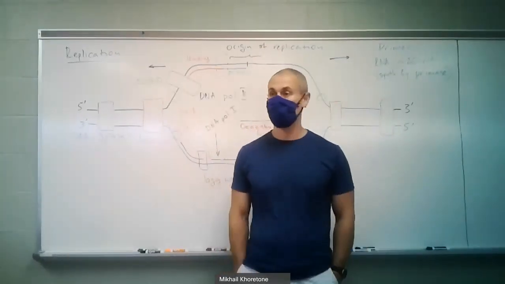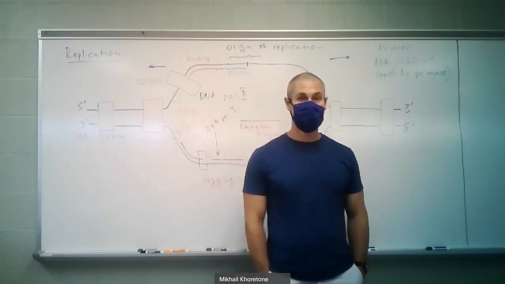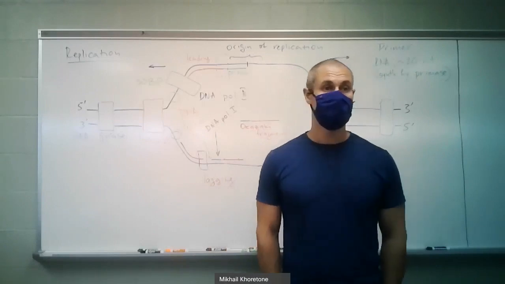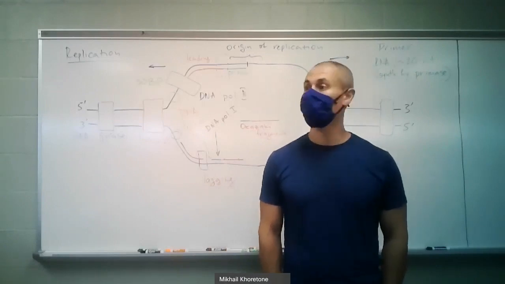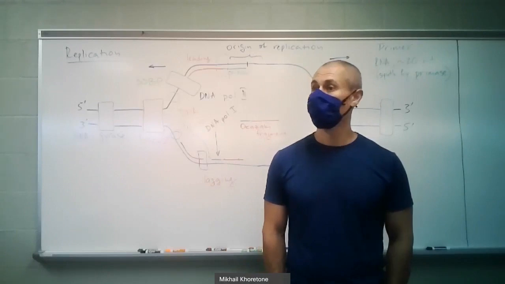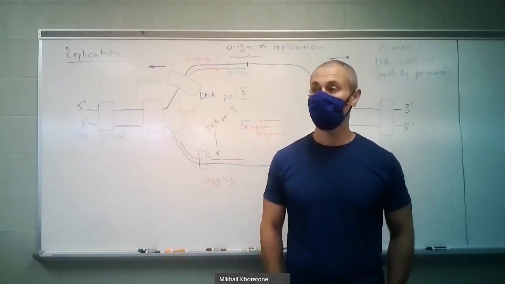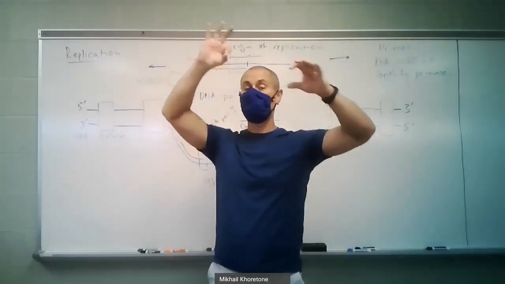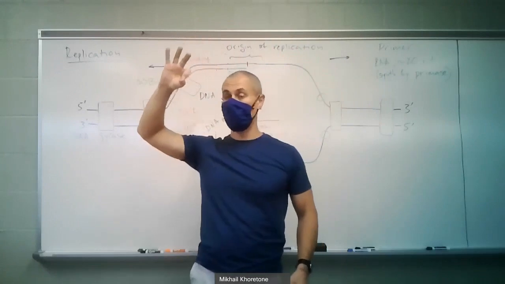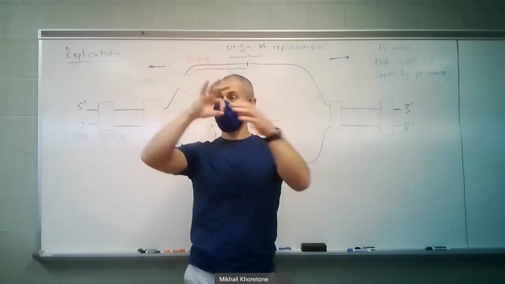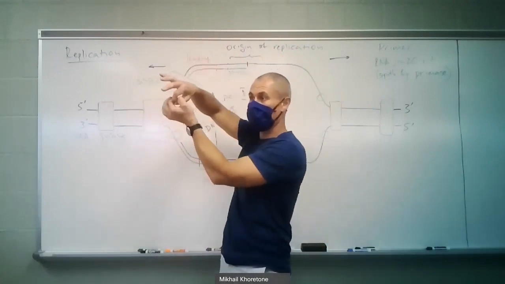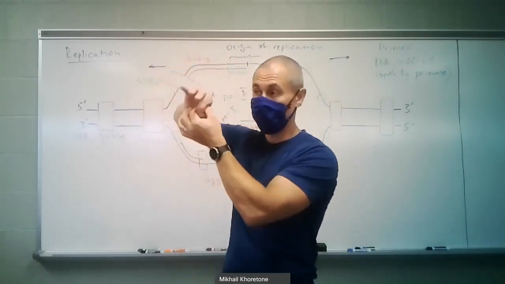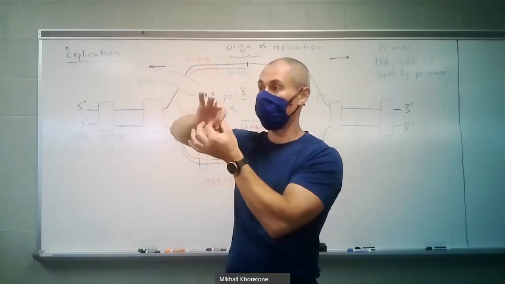Last little bit. Does anyone remember what is the shape of the chromosome in bacteria? So when you have a circular molecule, and you copy a circular molecule, what you're going to end up with, and it's pretty interesting, is two circular molecules linked to each other, like links of a chain, okay?